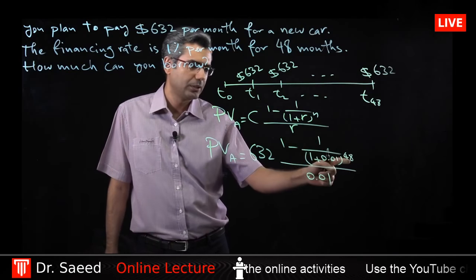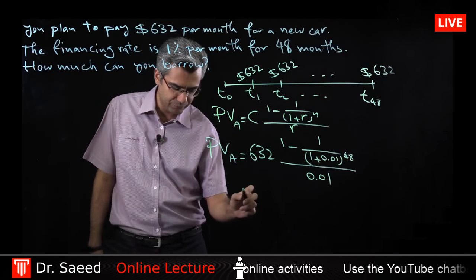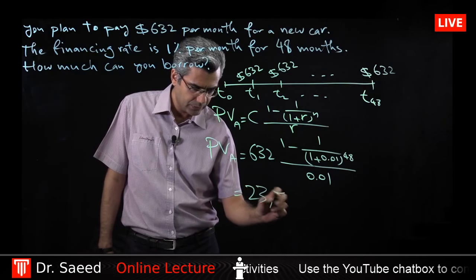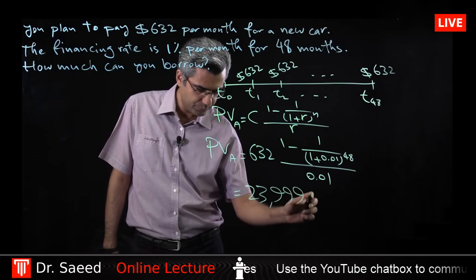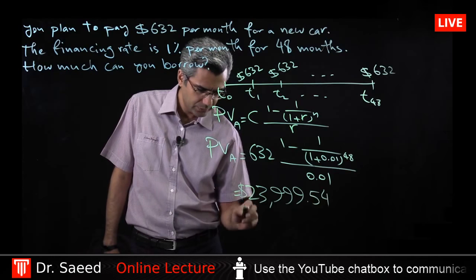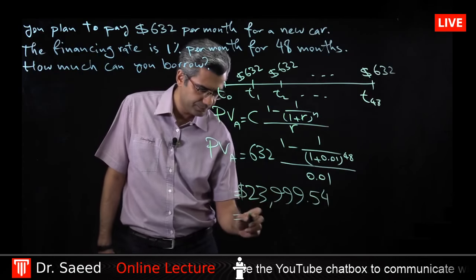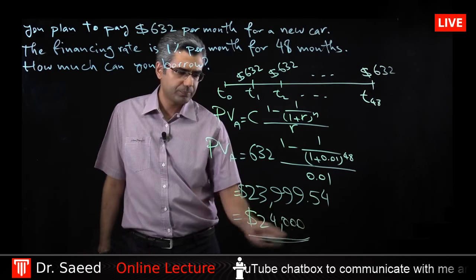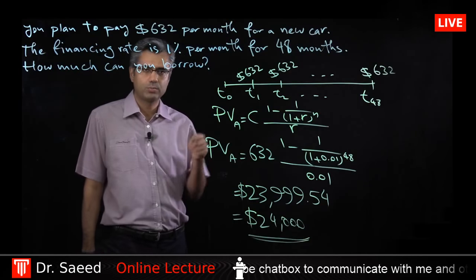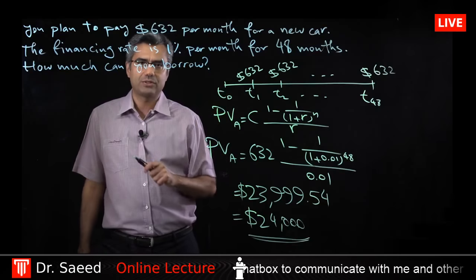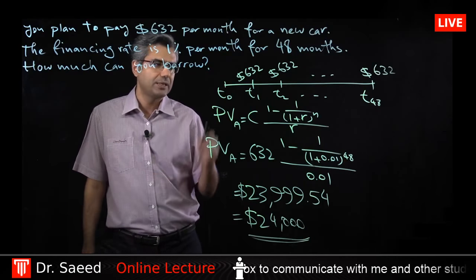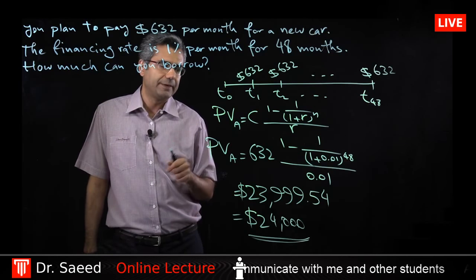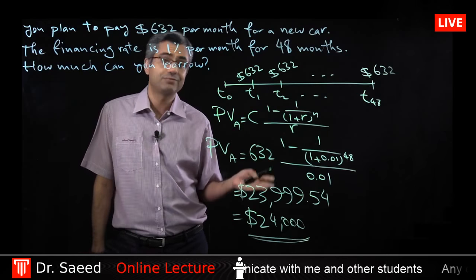So the interest rate per month, and the number of periods is 48. And if you compute, it will be 23,999.54 US dollars, or you can round it up to 24,000 US dollars. So if you borrow $24,000 to buy a car, and the bank charges you a 1% interest rate, this means you have to return 632 US dollars per month for the next 4 years.